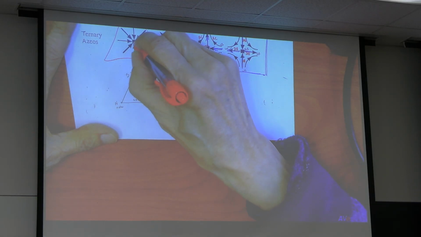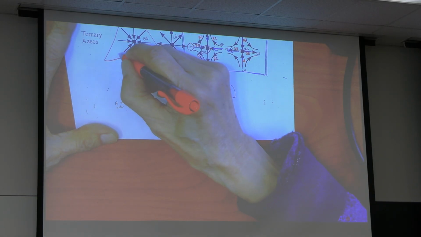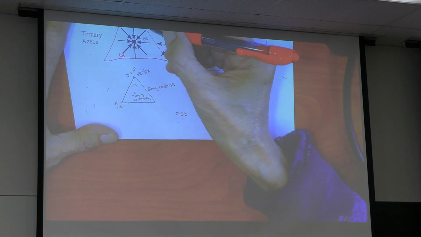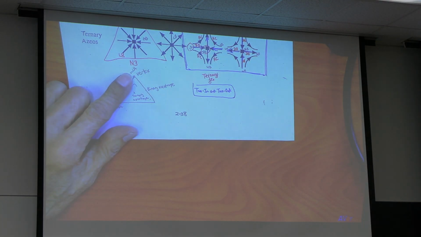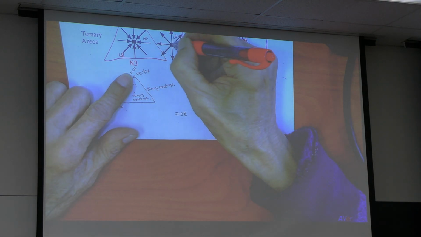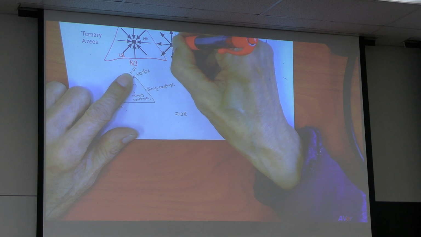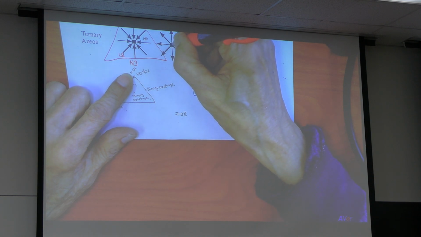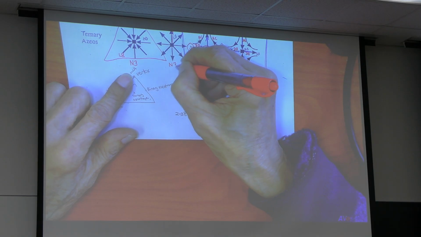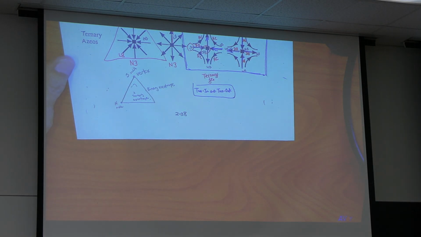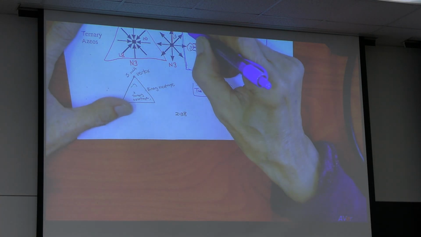This is the highest boiling ternary azeotrope, this is lowest boiling. We call this N3, 3 component. And this is the minimum boiling azeotrope, still N3.